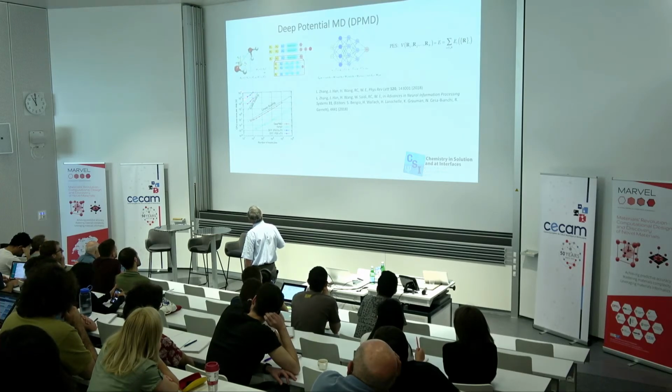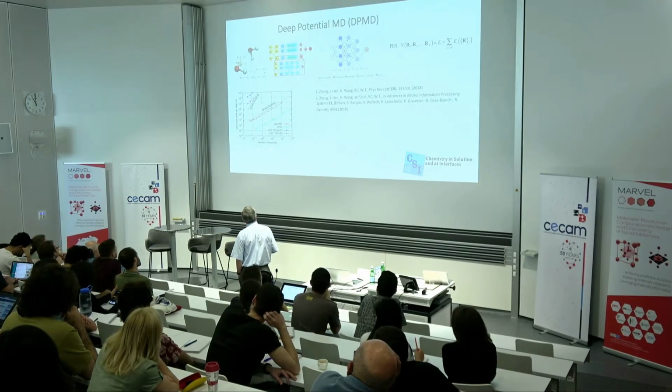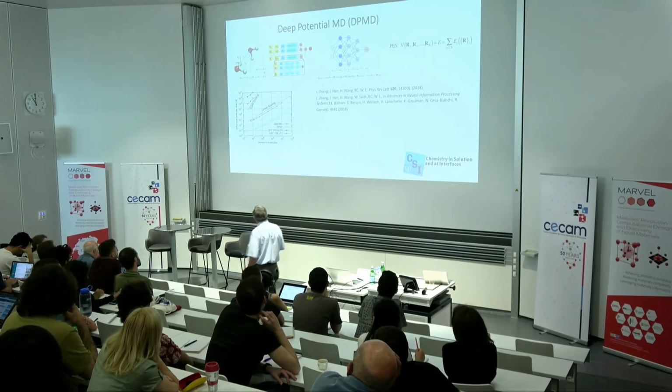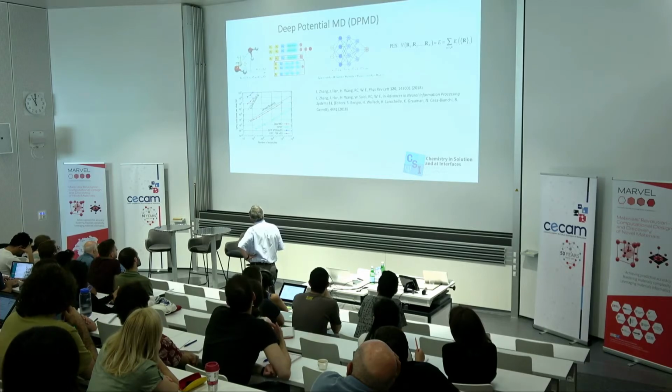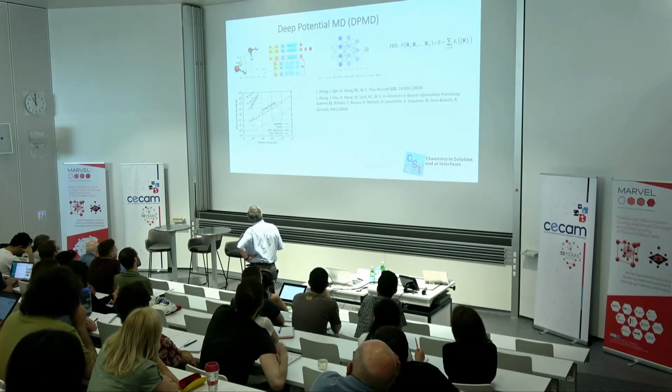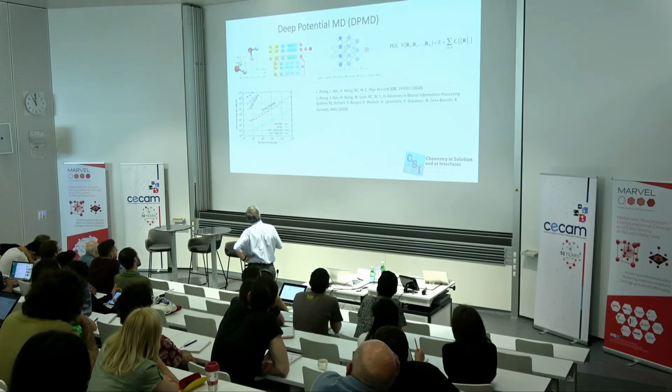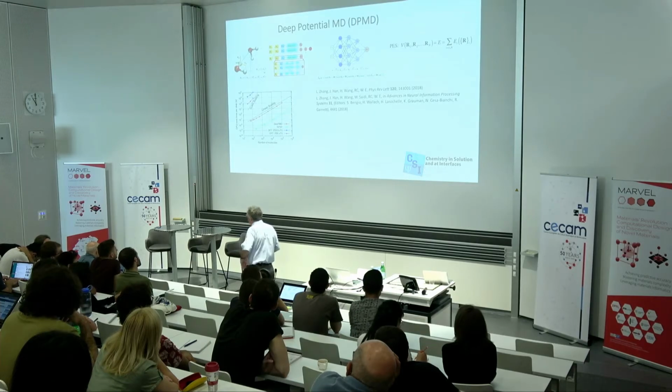The more accurate is this one. So you see we gain many orders of magnitude compared to standard ab initio MD, and we get close to what we would do for this system, in this case water, using an empirical force field.